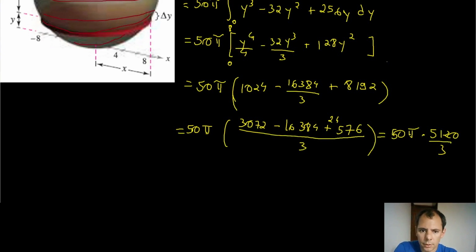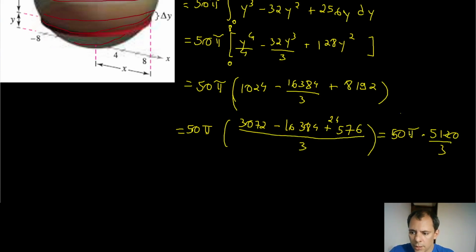Let's try that again. 3,072 minus 16,384 plus 24,576. Oh, okay, now I got it right. Yeah, now I got it right. Anyway, let's just keep going.